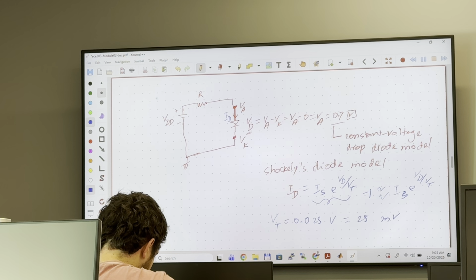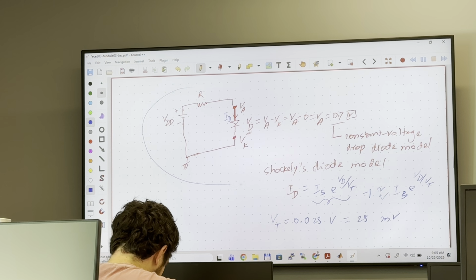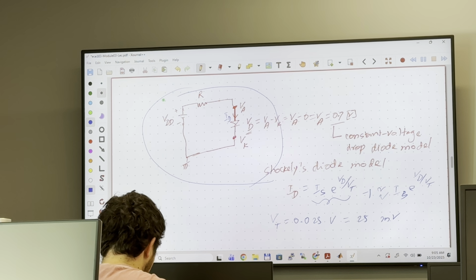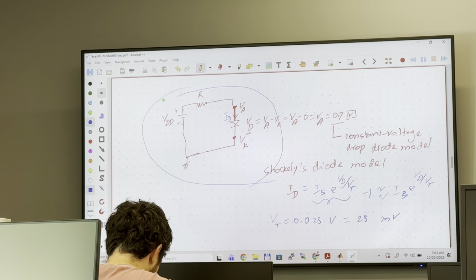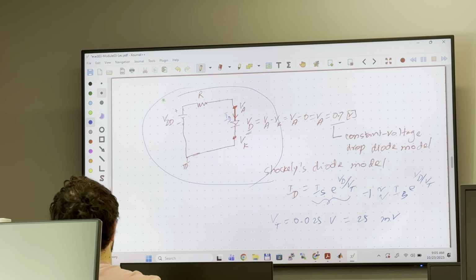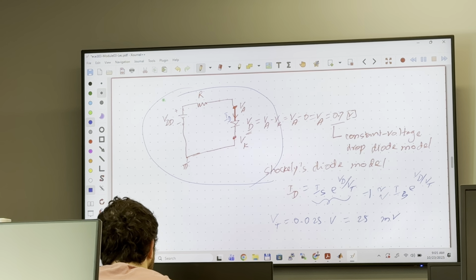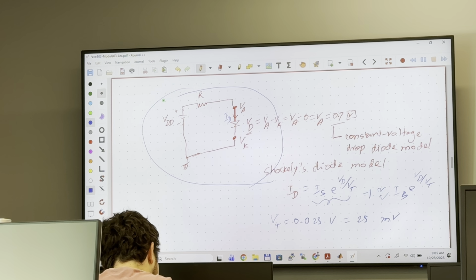So in this whole process, guys, we did not consider any AC signal. We supplied a constant battery voltage, and we found ID and VD.